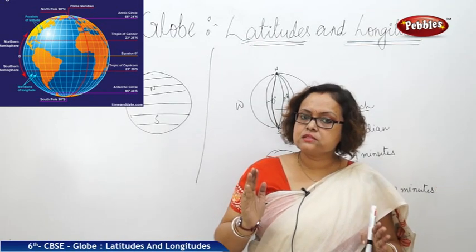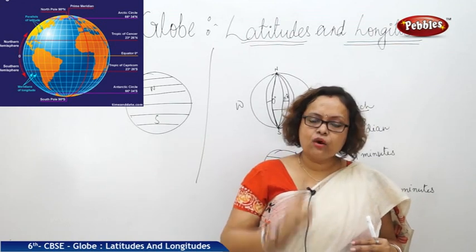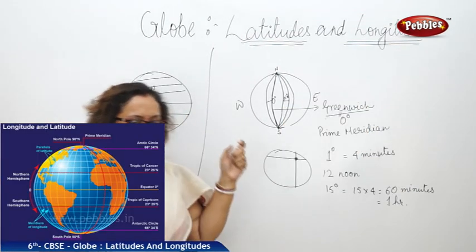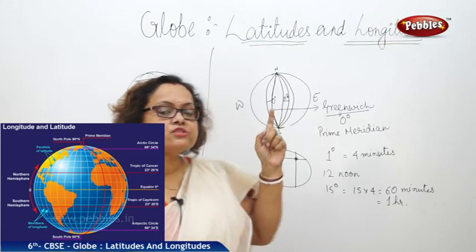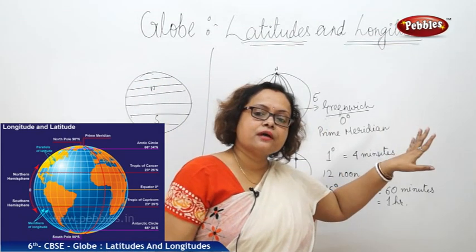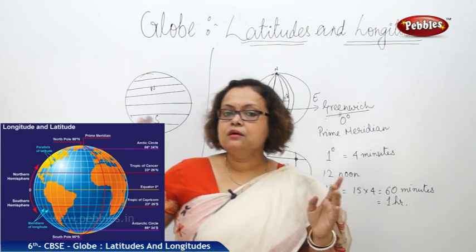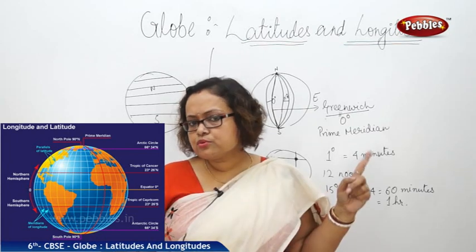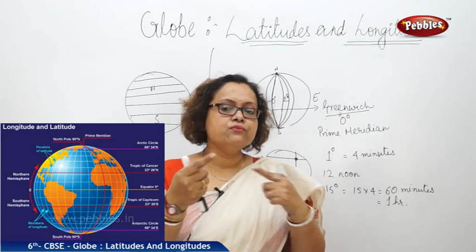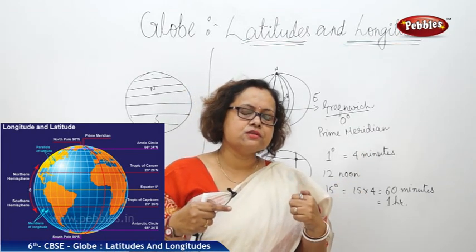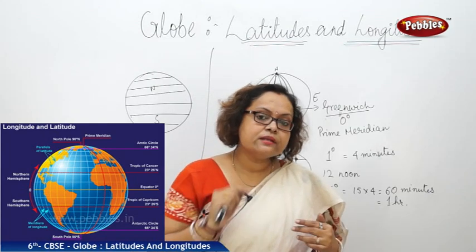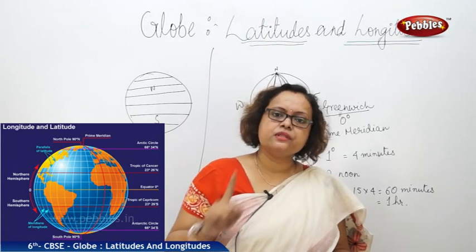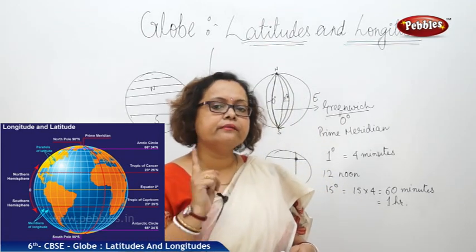Their time difference will be huge. In a country, if we accept time differences like that, it will be very tough to calculate time. That's the reason each and every country accepted one standard time.